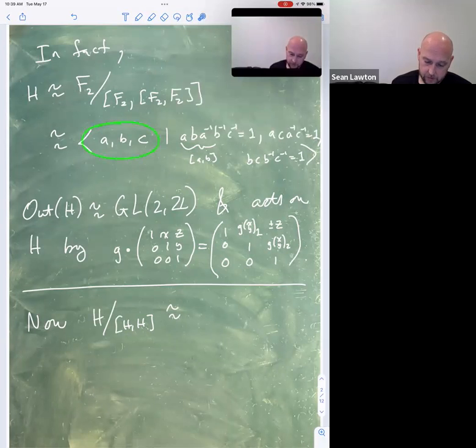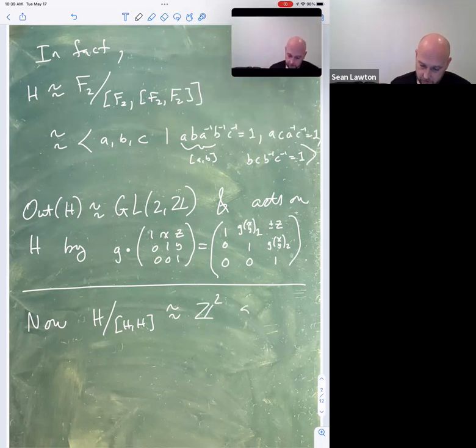We have 3 things, but then we quotient out by the commutator, and you're really just left with the A and the B. But then you've made it abelian. And so now you have 2 generators. The relations all trivialize when you make it abelian, and so it's just the 2.